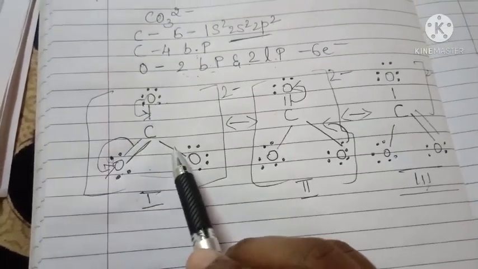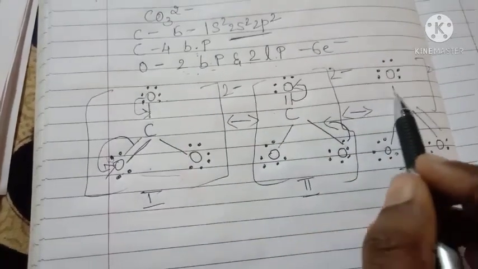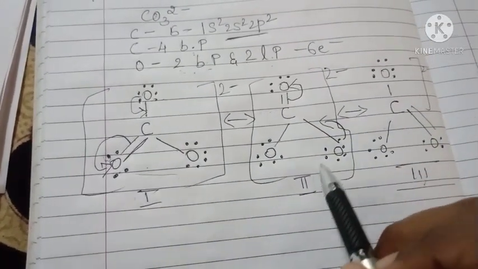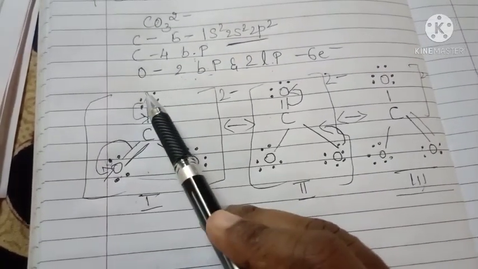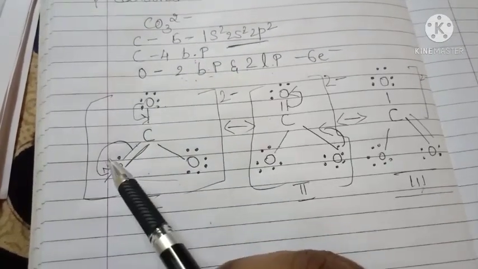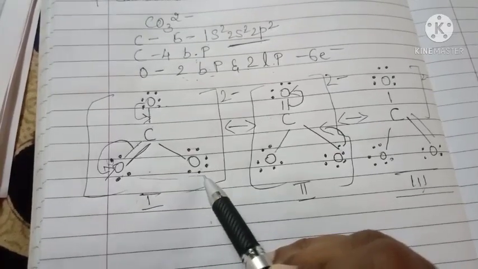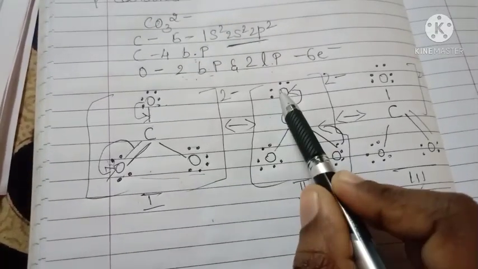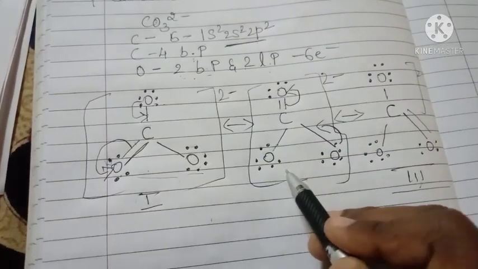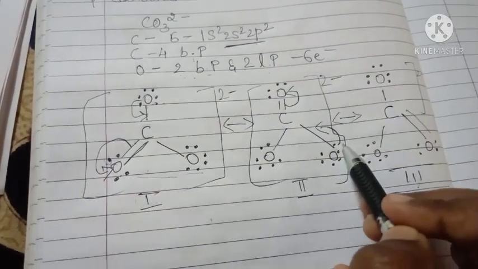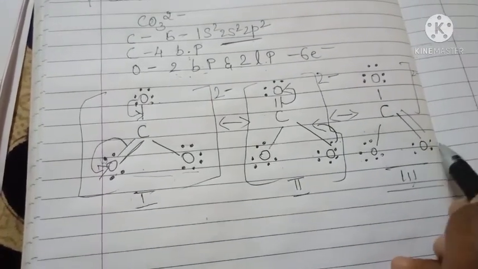1 2 3 4, it means how many bonds. Here 1 2 3 4, 1 2 3 4, there is no change in bonds, and you have to calculate the lone pairs. 1 2 3 4 5 6 7 8. Okay, and here also you have to calculate 1 2 3 4 5 6 7 8, and 1 2 3 4 5 6 7 8.